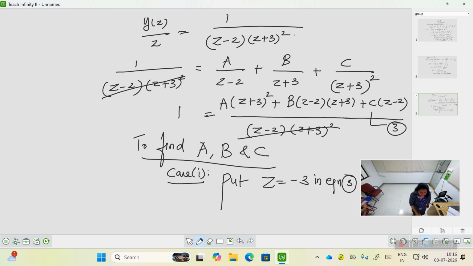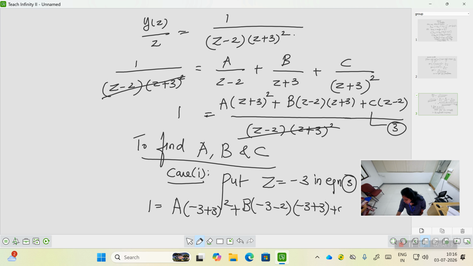What do you get? 1 equals A into (minus 3 plus 3) square, B into (minus 3 minus 2)(minus 3 plus 3), C into (minus 3 minus 2). These terms vanish, so you are left with only the C term. You get minus 5, so C is minus 1 by 5. We will put it in the box.